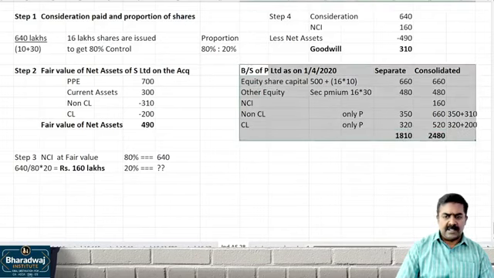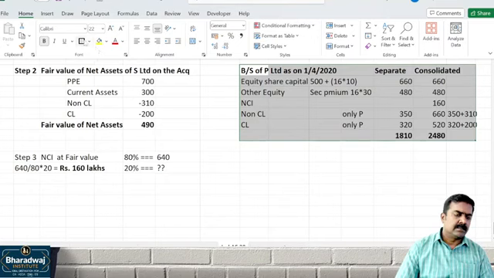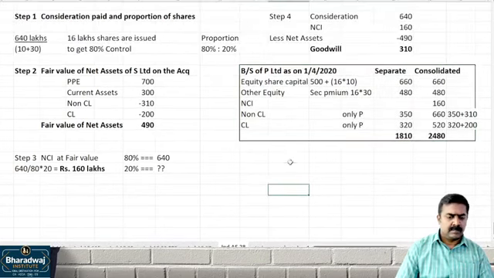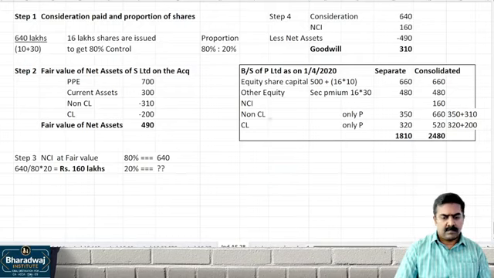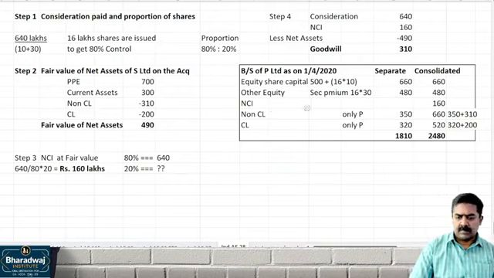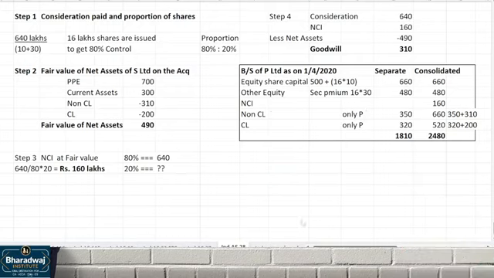This is the liability side. Asset side பாருங்க. Asset side PPE only P will come.